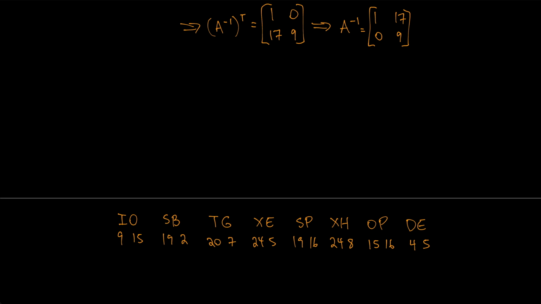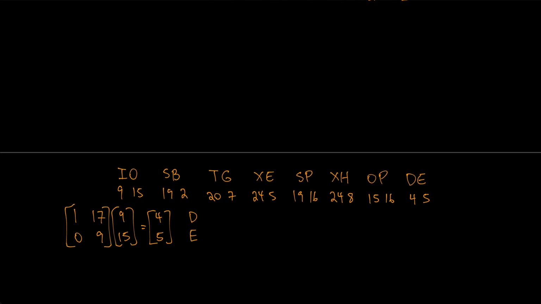So we'll take our matrix 1, 17, 0, 9, multiply it by IO, which is 9, 15, to decipher it, and get 4, 5, which is DE, as we wanted, because the first word should be deer. So then 1, 17, 0, 9 times SB, which is 19, 2, gives us 1, 18, and we get that AR that we wanted.